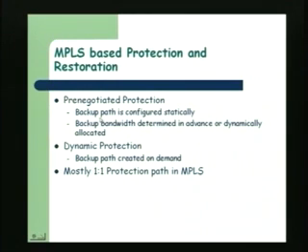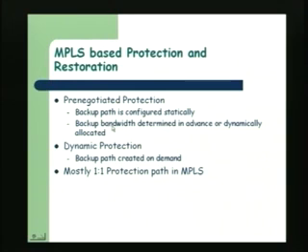In MPLS, you can do a pre-negotiated protection, in the sense that a backup path can be configured statically. So, there is a primary label switch path, where you will be sending your data in the normal course, but whenever that primary label switch path breaks down, you will start forwarding the data on the alternate paths.